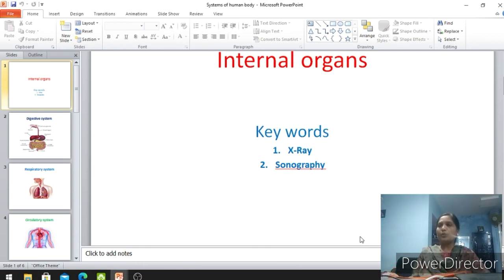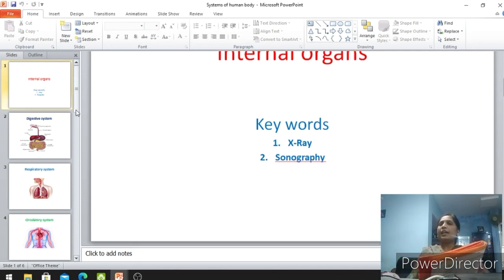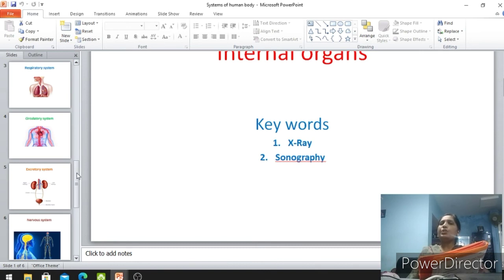So all of you open volume 2, page number 13, children. Here in the beginning of the lesson, we did an activity and you tried to identify the different internal organs, and you also made rough diagrams of internal organs. So in your volume 2 S4 worksheet, the same work is given to you.